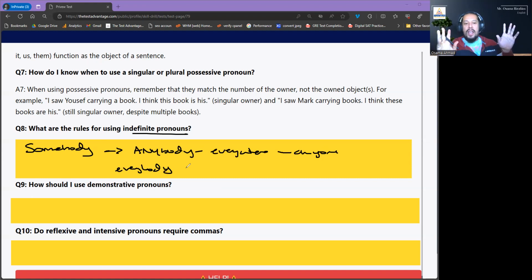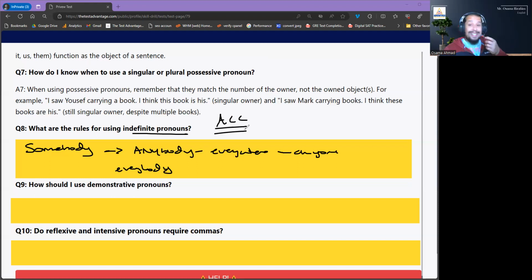So a question now, someone is an exception, it can be singular or plural. Most of these indefinite pronouns, are they singular or plural? Singular. Very good job. Now, Omar, all. Is this singular or plural? Singular. How do you know? It's not.